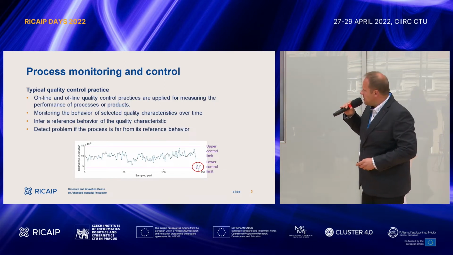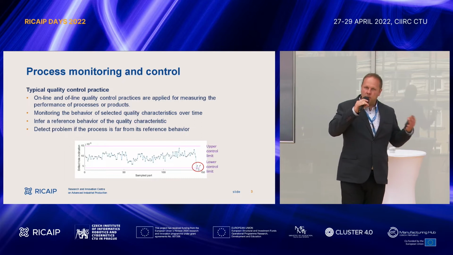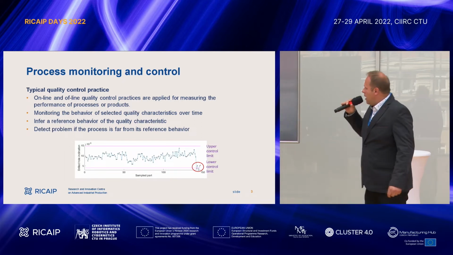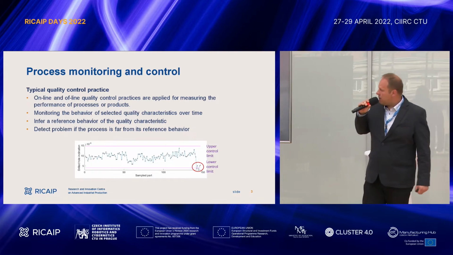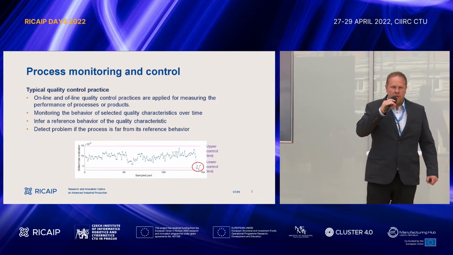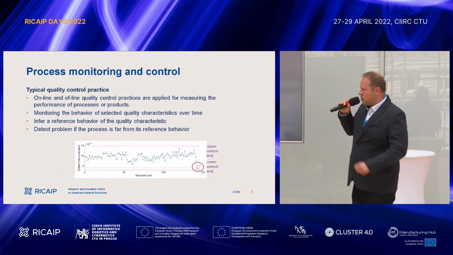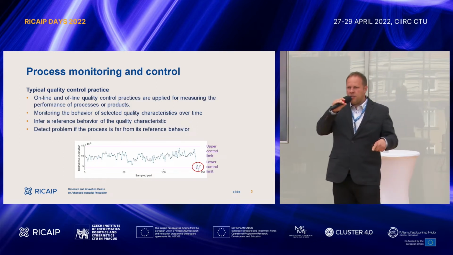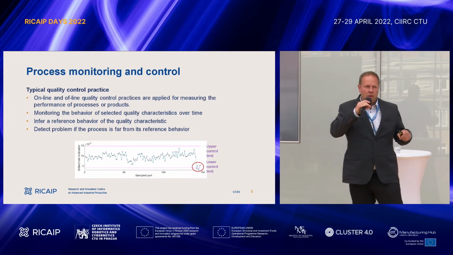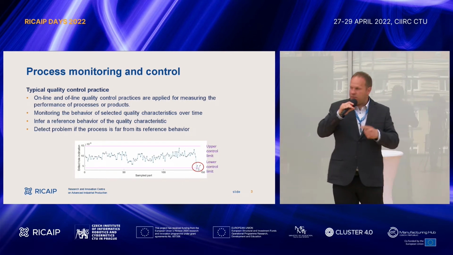This is an example of a control chart, which is the basic tool very often used. In the first phase of preparing the control chart, the quality staff simply computes the control limits from the historical data, and then in the second phase uses them for detecting a potentially suspicious state of the process. So it's very simple.